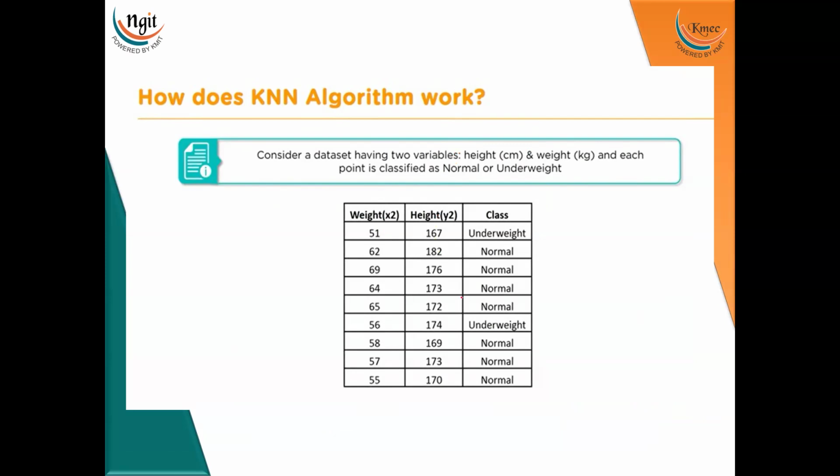Let us consider one data set here. We have two variables, weight and height, one in kgs and one in centimeters. Each point, as per the weight and height of a particular person, belongs to either normal or underweight. So this is a sample data set.